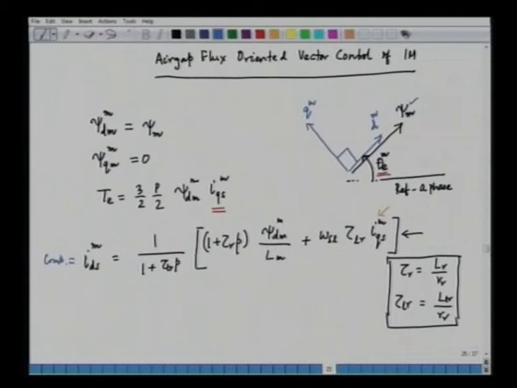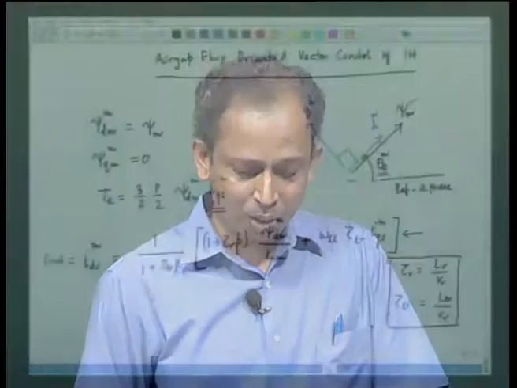Now, if IDS is constant and we change IQS, naturally the flux will be affected. Psi dm will no longer be constant. This shows there is a coupling between IQS and psi dm in the air gap flux reference frame. To cancel this coupling, we have to change IDS when we change IQS to control the torque. Now, this is one of the equations.